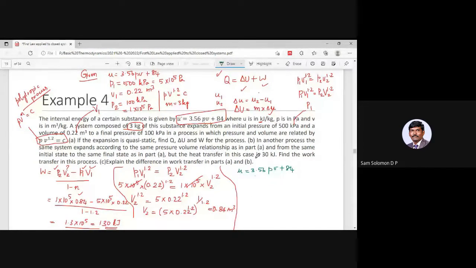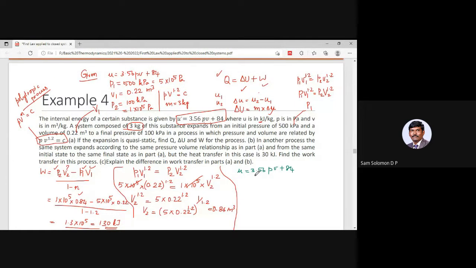One thing what we can do is, because we have this constant 84, but it should not be a matter, we can multiply with mass over here.